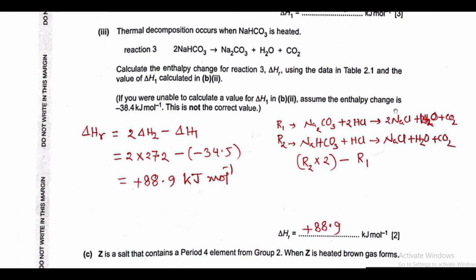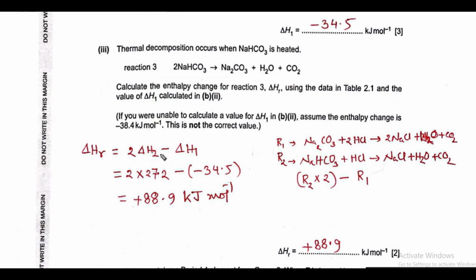From reaction 2 and 1, how will you get reaction 3? If you multiply reaction 2 by 2, then subtract reaction 1, you will get reaction 3.